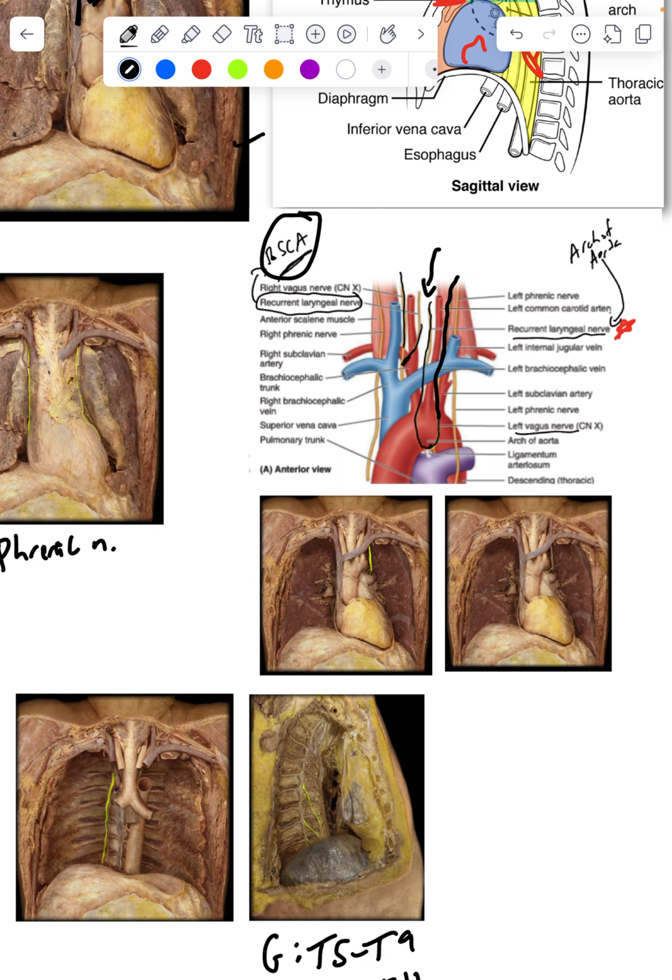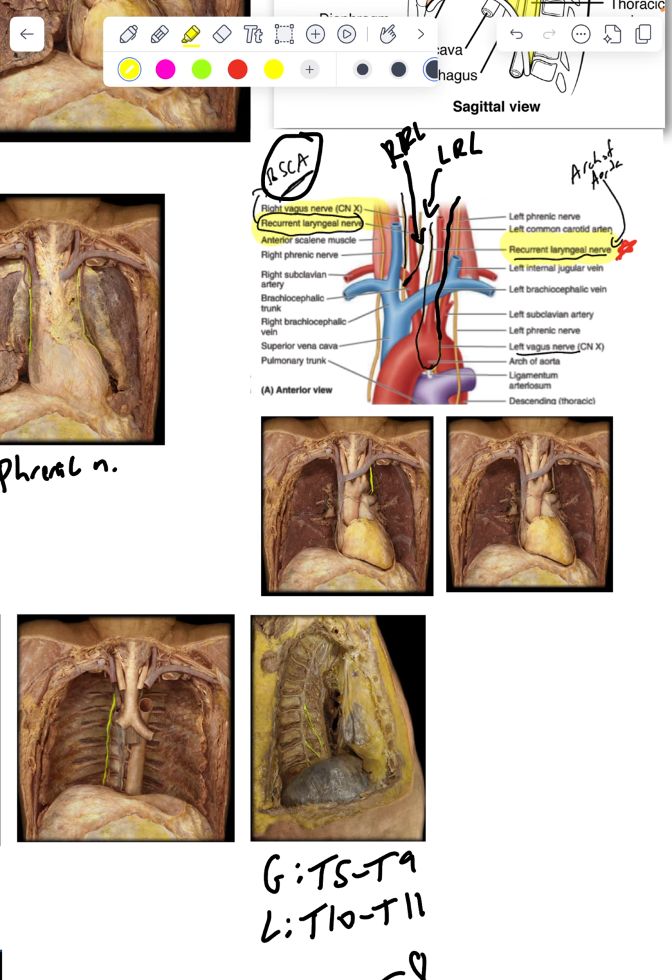So this right here is left recurrent laryngeal. This right here is right recurrent laryngeal nerve. So recurrent laryngeal here, recurrent laryngeal here. So where it gives it off is different.